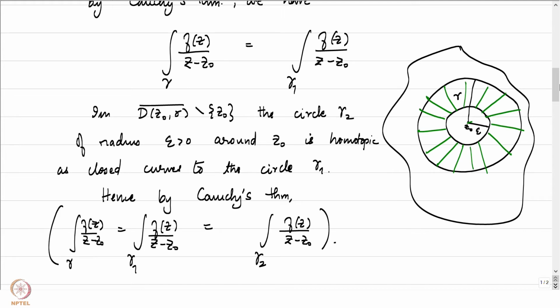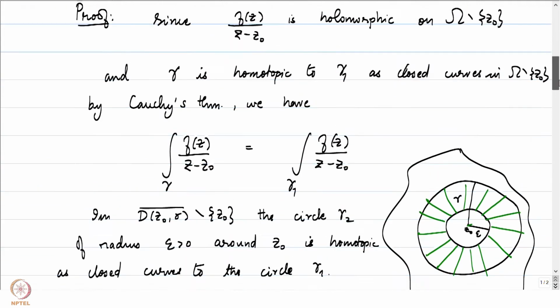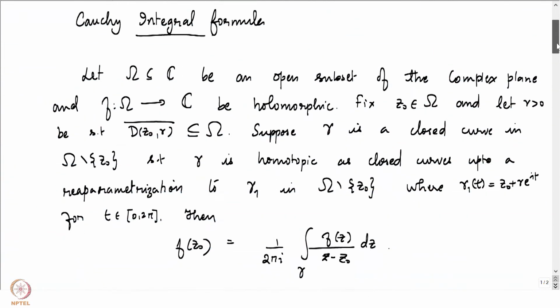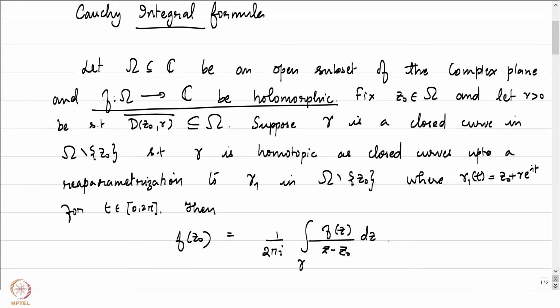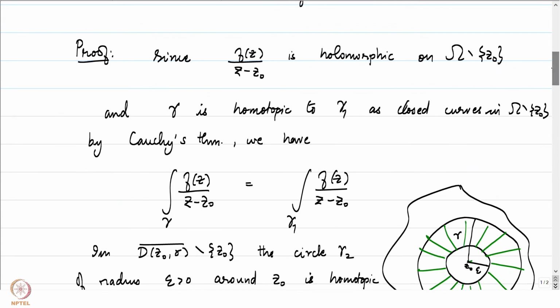One thing we should keep in mind is that we have used the fact that f is holomorphic on various domains at various points of time. Even though we started off with f being holomorphic on omega, at places where it mattered, we have considered f of z by z minus z naught, which is holomorphic on omega minus z naught.